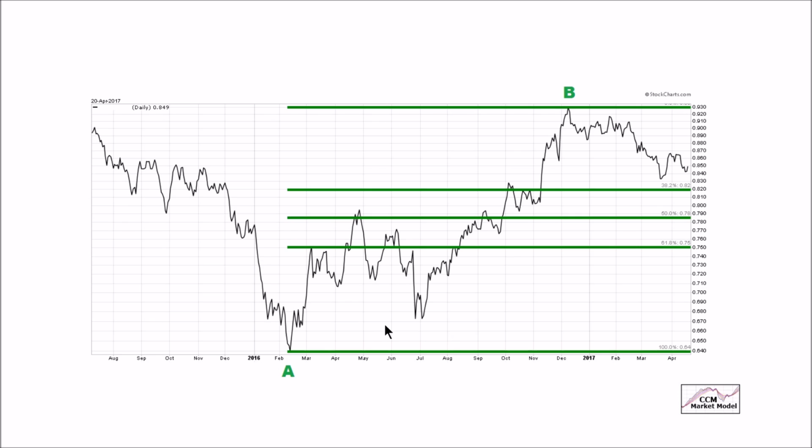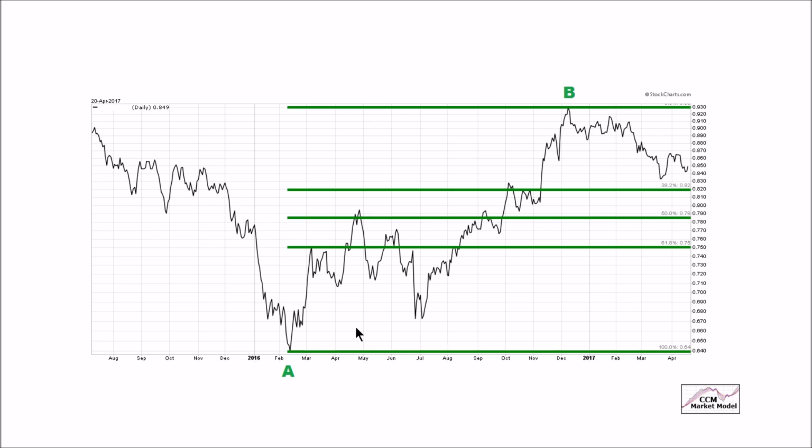Let's flip to another example. Once again, we're looking at a daily chart with the symbol removed to remove our personal biases. If I told you that this ETF moved from point A to point B and had a retracement that came back above the 38.2% retracement level and well above the 50% retracement level and well above the 61.8% retracement level, would you tell me that the probabilities favor a higher high or a lower low?